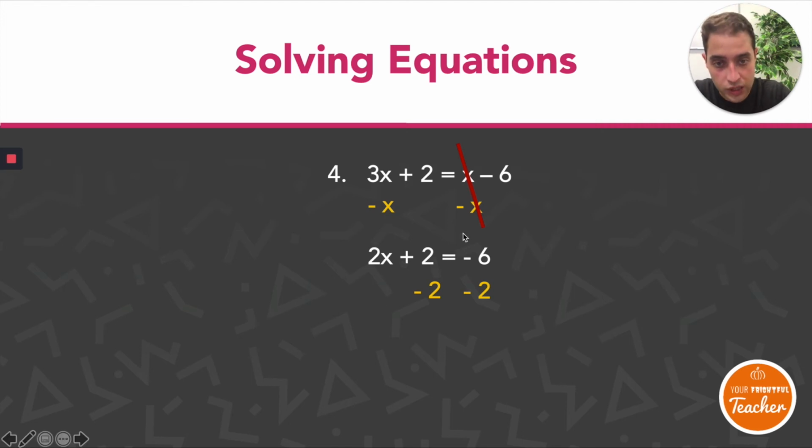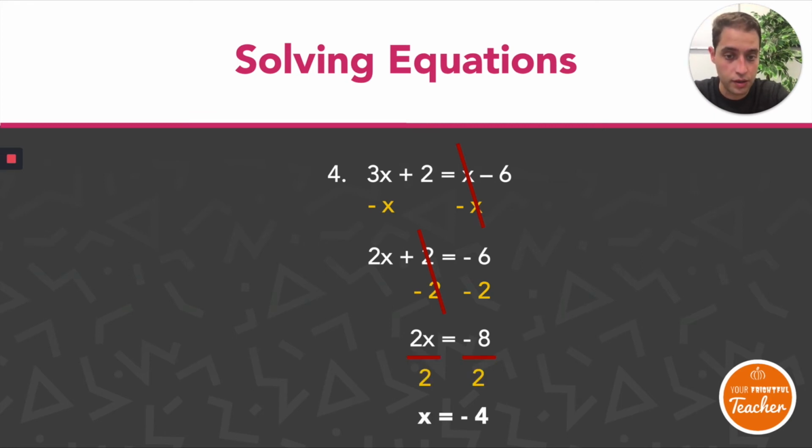So that means because it's a plus 2, I'm going to have to minus 2. And then I need to minus a 2 here. Minus and a minus is a plus, meaning it goes down the ladder there. So it's minus 8. Right? 2x equals minus 8. Divide it by 2 to get x. So x equals minus 4.